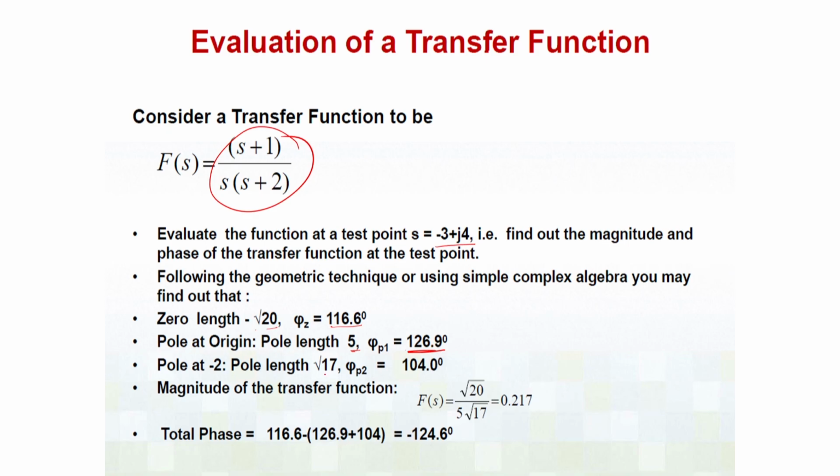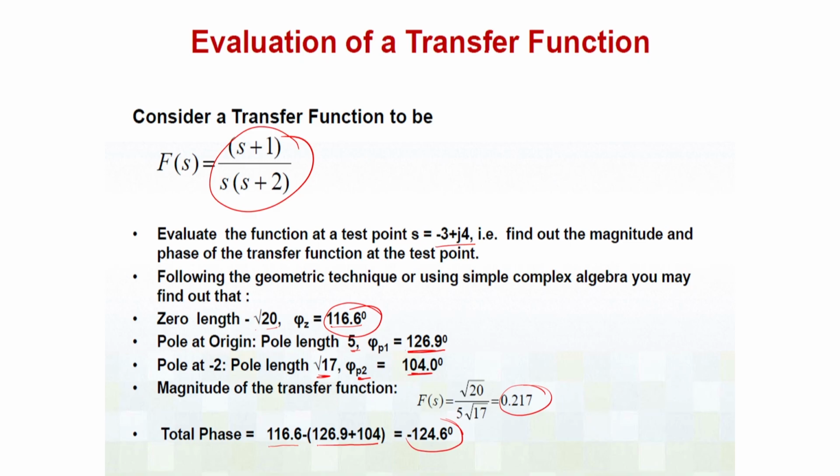For the pole at minus 2, you can do a similar exercise, because there are 2 poles this time. Now, the magnitude is 0 length divided by the pole length, which will be 0.217, and the total phase will be, as I told you, the 0 phase will be positive, and hence the total phase will be this positive minus this. So, it will be a negative phase in the system. So, that is the way we will calculate the phase of the system.